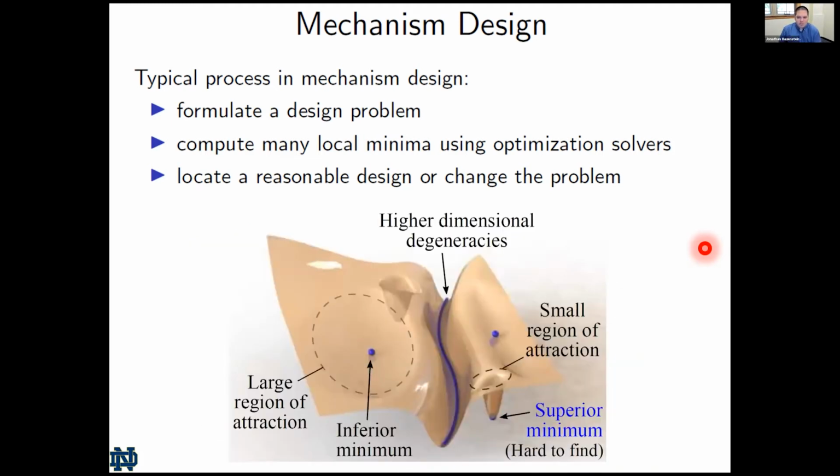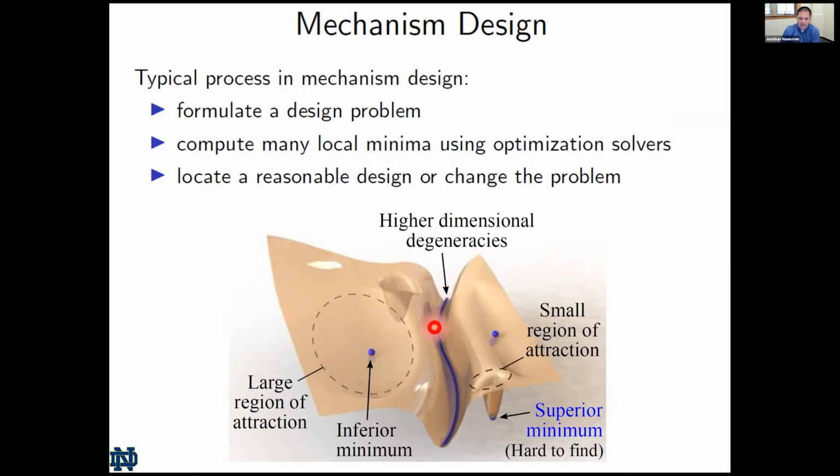From a mathematical perspective, if you look at this fitness landscape that the optimization solver has to navigate, what you often find is there are inferior minima which have large basins of attraction. So if you start in those regions, the optimization solver is going to return that one very often.